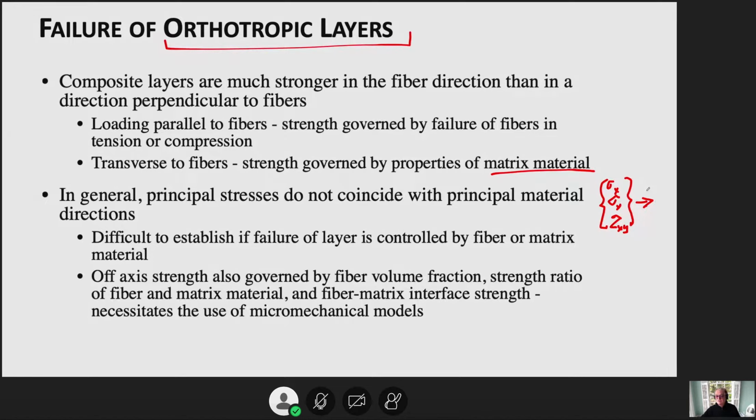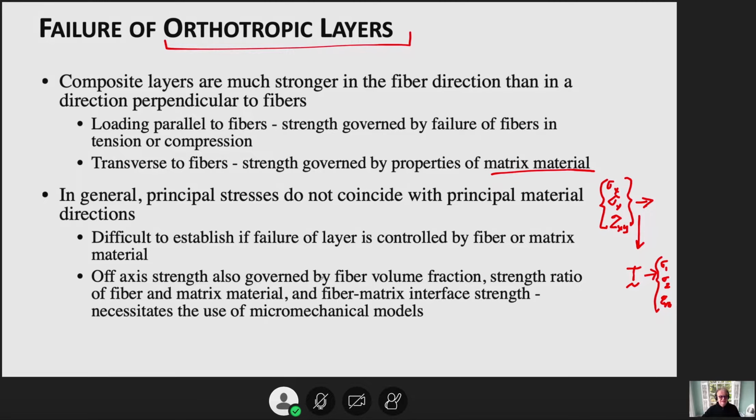So instead of Mohr's circle, we use the transformation relation, which is the T matrix, to find sigma 1, sigma 2, and tau 1, 2. Again, repeating, these are not principal stresses. These are stresses along the principal material directions.